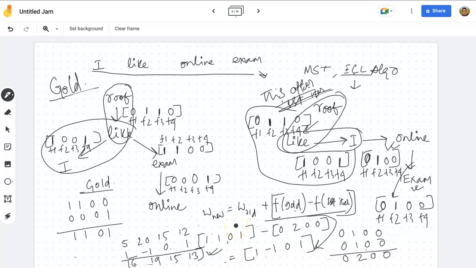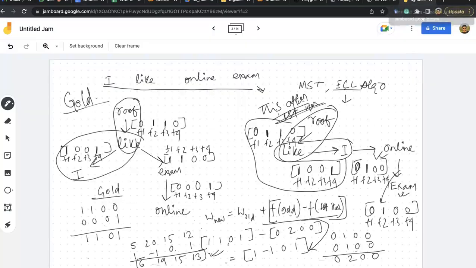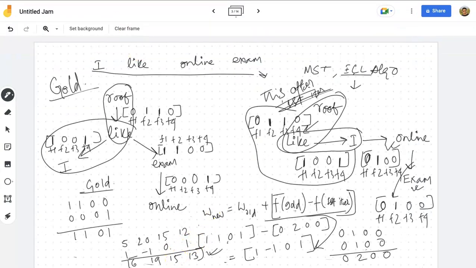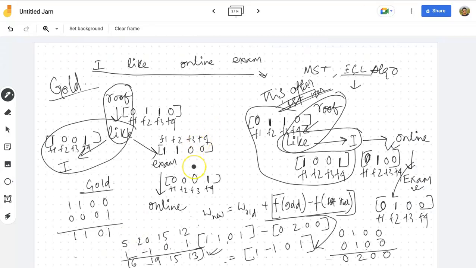So is it clear to everyone? If you check the answer, 6 19 15 13, yeah, option 2 is the answer. Is it clear to everyone? If not, they can say.